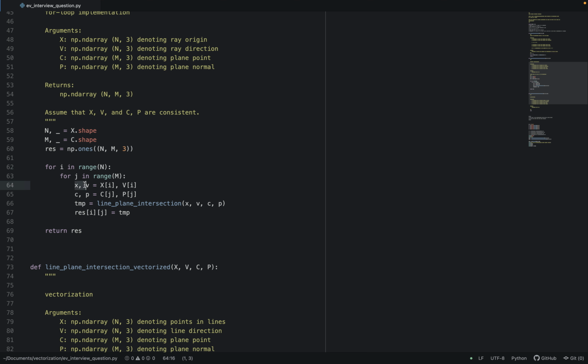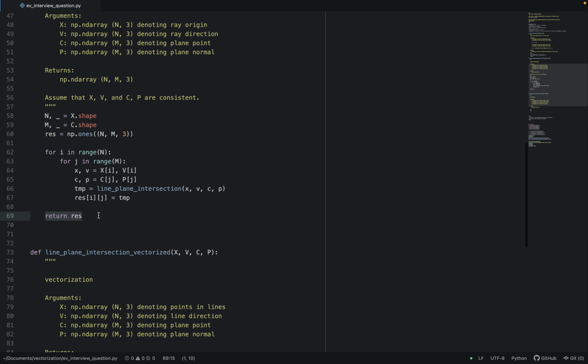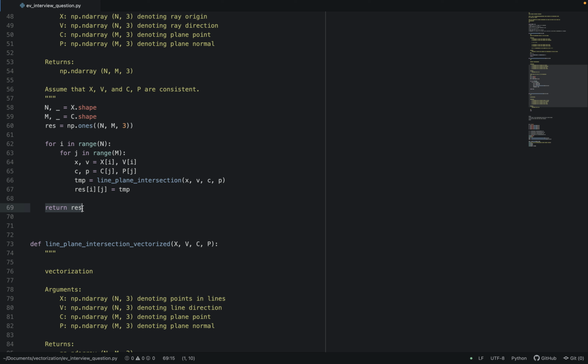Then we get the little x and little v, these two pieces of information determine the straight line, and c and p determine the plane. Then we call the utility function to get the intersection point, set the corresponding vector at index ij to be temp, and then return this result. That's a very straightforward one, though somewhat verbose.